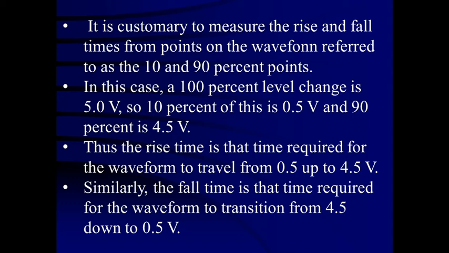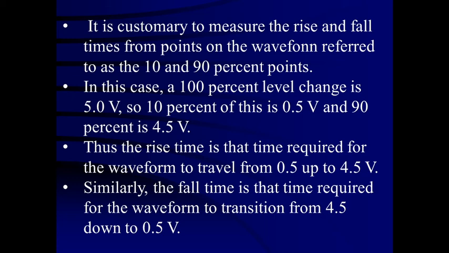It is customary to measure the rise and fall times from points on the waveform referred to as the 10% and 90% points. In this case, the 100% level is changing from 0 to 5 volts. So 10% of this is 0.5 volt and 90% is 4.5 volts. Thus, the rise time is the time required for the waveform to travel from 0.5 volt up to 4.5 volts.